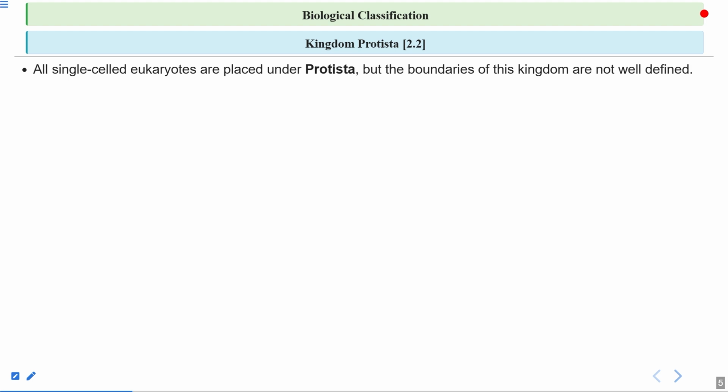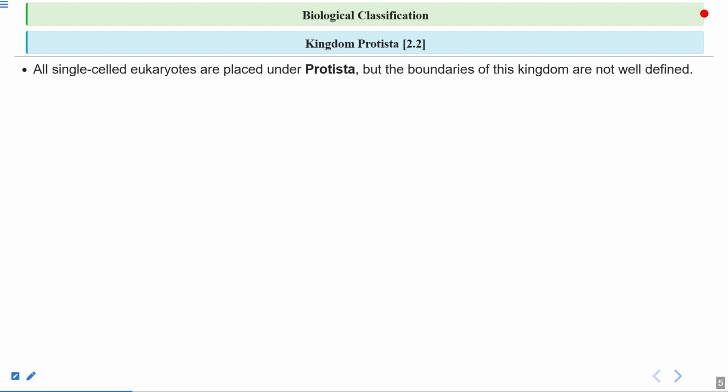Here you can see they have written the boundaries of these kingdoms are not well defined. So what does this mean? Okay, so Protista, we'll talk about this in this session, includes organisms which are plant-like, which are animal-like, and which are fungi-like, or fungus-like. Clear? So it forms a link between these groups.